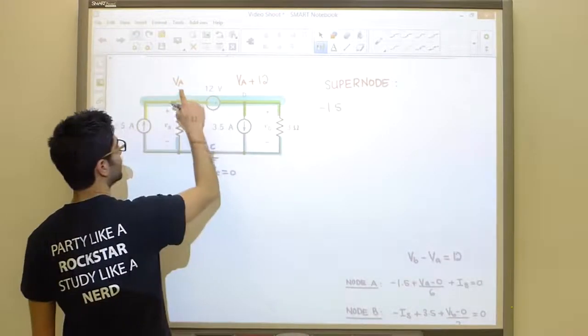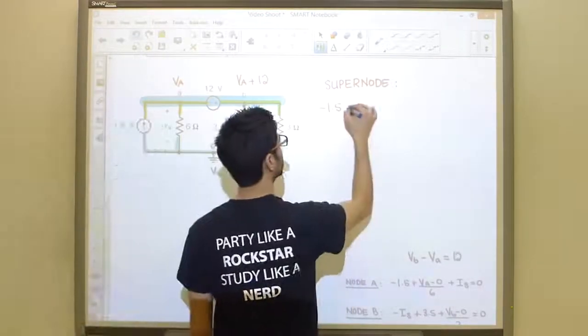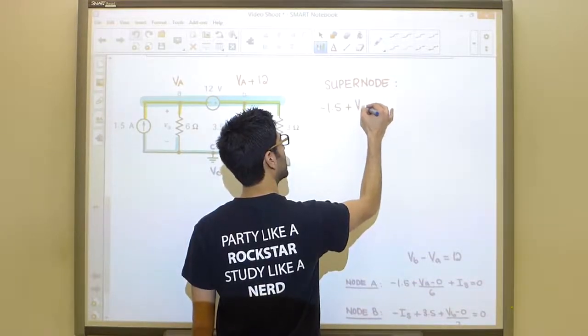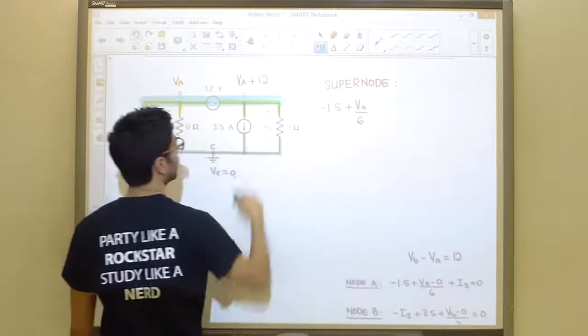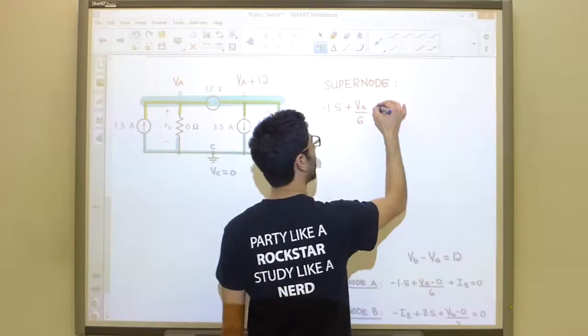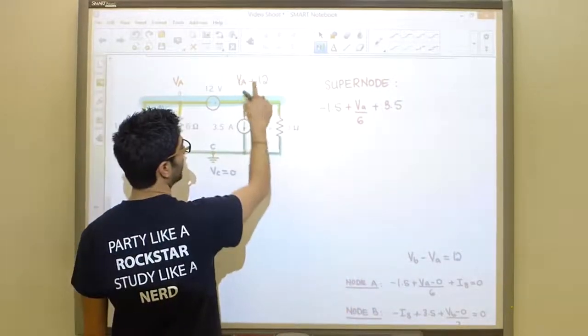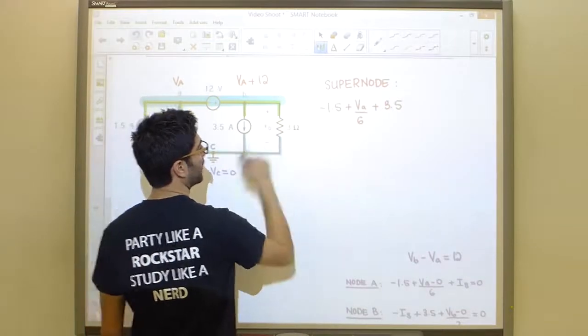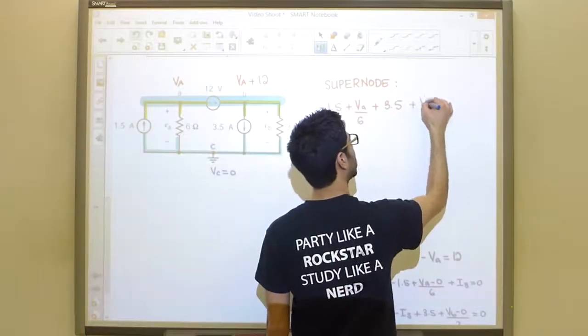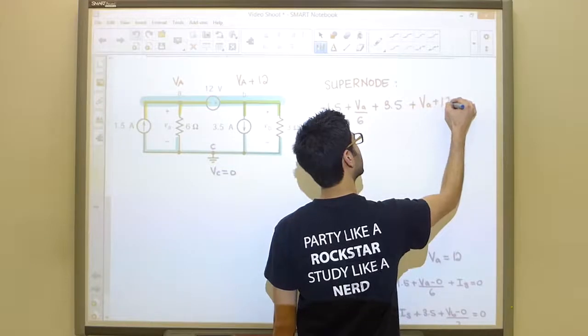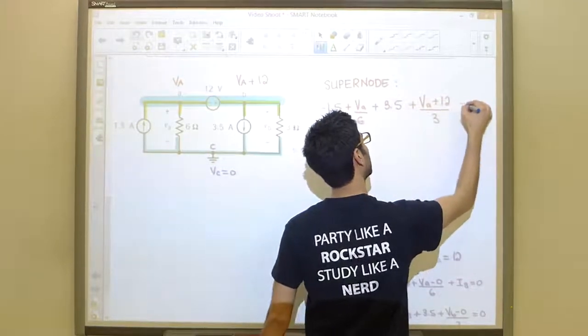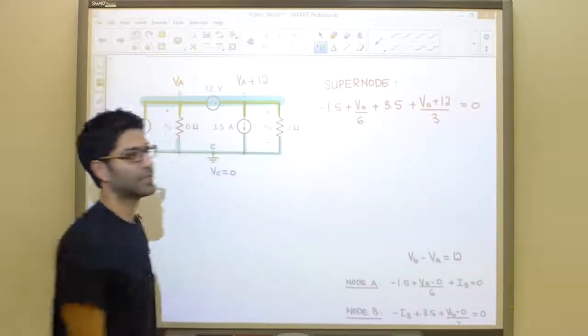Our second branch is (VA minus 0) over 6, so just VA divided by 6. Next one has a current going out, so positive 3.5. And then finally (VA plus 12 minus 0) divided by 3. So (VA plus 12 minus 0) divided by 3 equals 0. It's as simple as that.